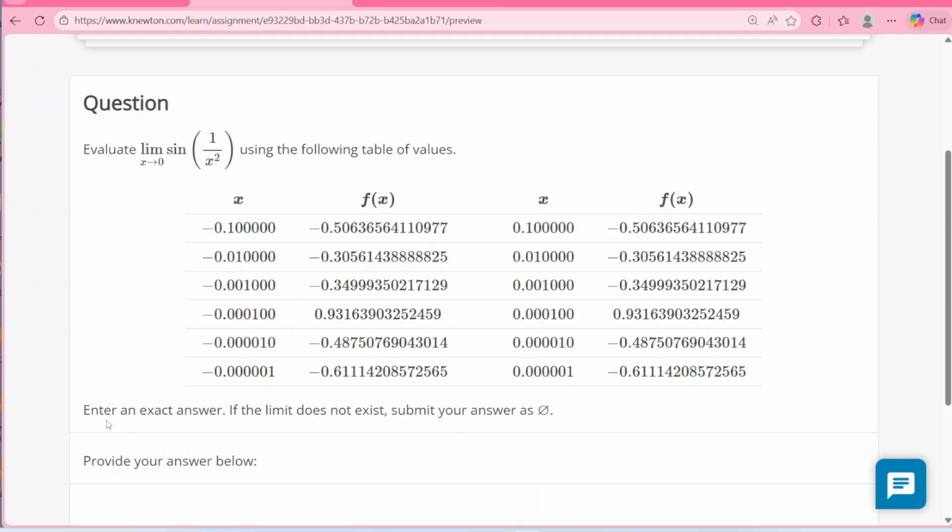Then it says here to enter an exact answer, so no crazy decimals. Enter an exact answer. If the limit does not exist, submit your answer as this empty set symbol. All right.